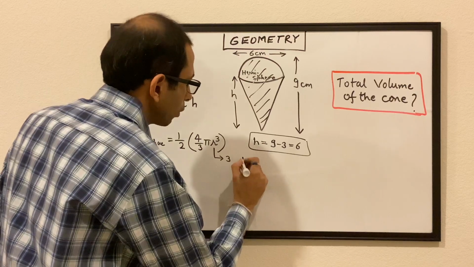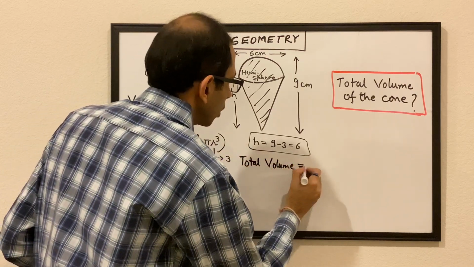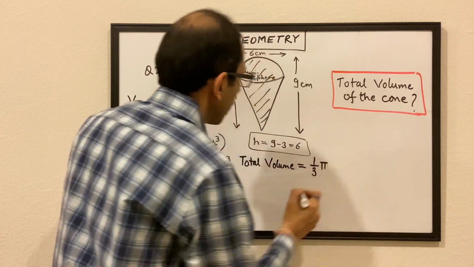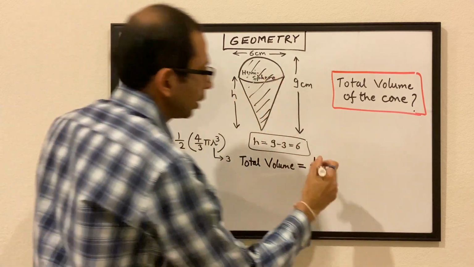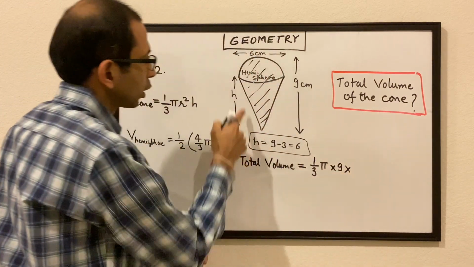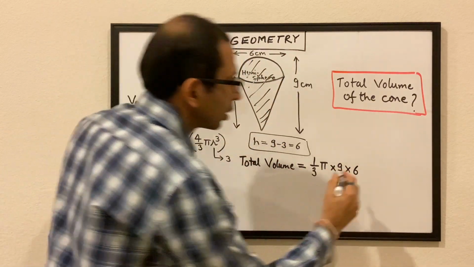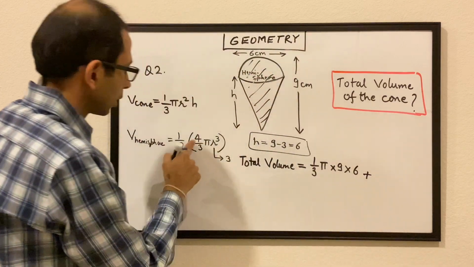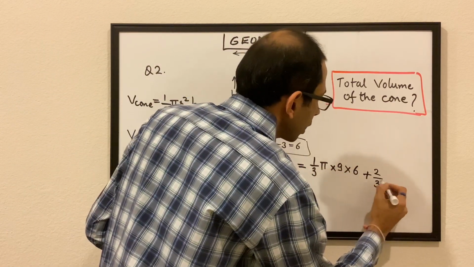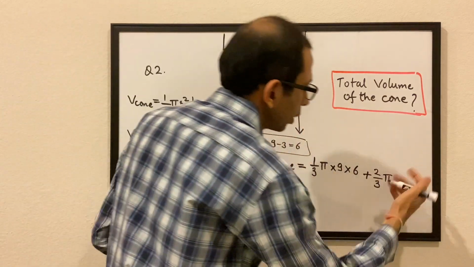So the total volume would be the volume of the cone, which is 1 over 3 pi, r is 3, so 3 times 3 is 9, times h, which is 6, right? So this is the volume of the cone, plus this becomes 2 over 3 pi r cube. R is 3, so 3 cube is 27.